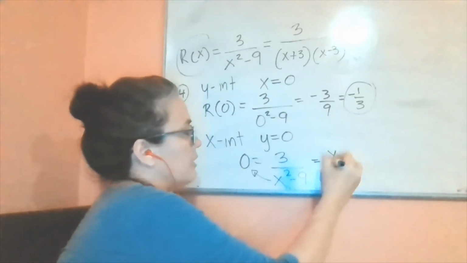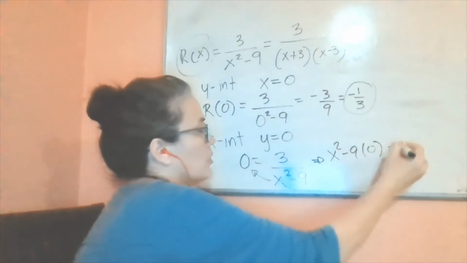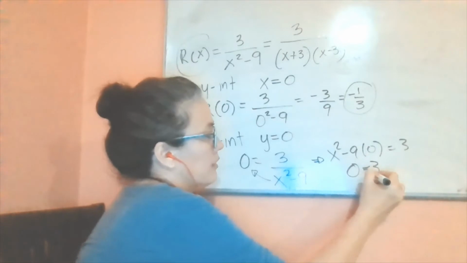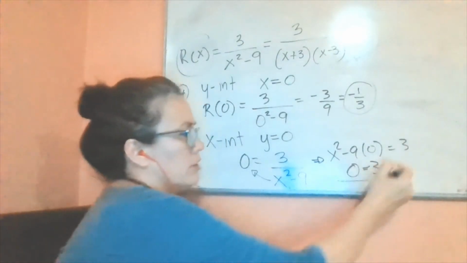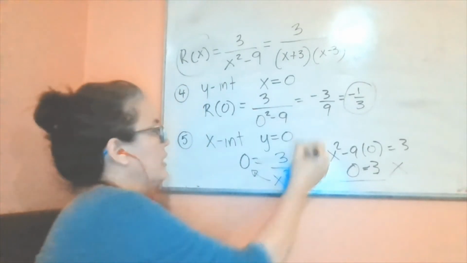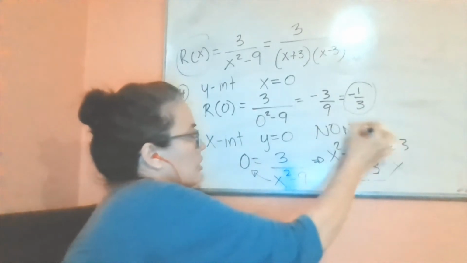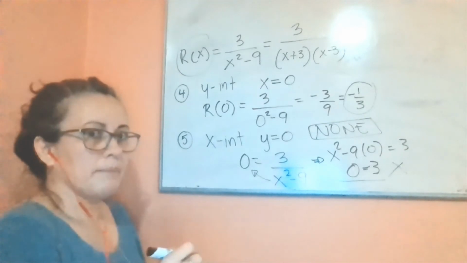So it's going to be x to the second minus 9 times 0 equals 3. 0 equals 3, like that. I know this is not true. This is not for real. So basically, we don't have an x-intercept, none, okay? So that's step number 5.